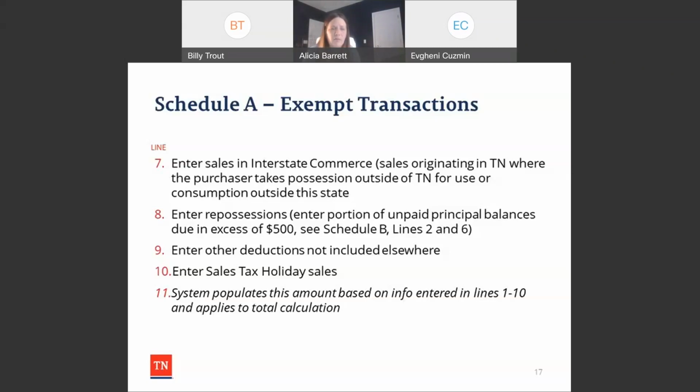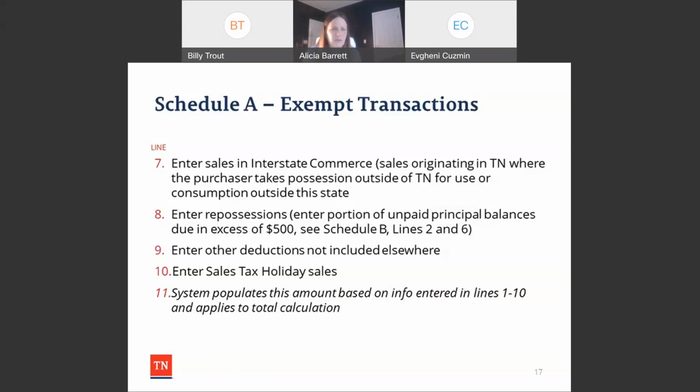Underneath tax resources, forms, tax specific forms, you click on sales tax, you will see a paper form there, but then underneath that, you're going to see the instructions. And those instructions give a very good description of all of the things that you can put here on line 9 of the Schedule A.